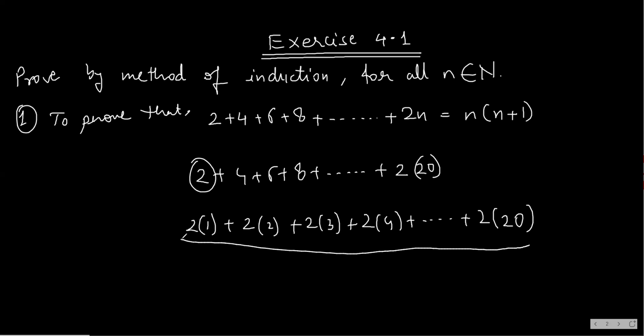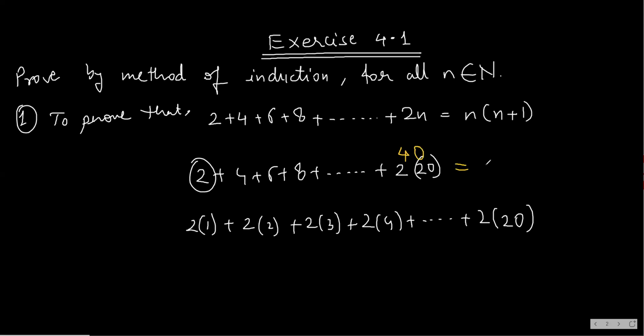So what is this? This is the sum of the first 20 even numbers. As such, the last term is 40, since 2 into 20 is 40. So if you are adding 2, 4, 6, 8, and so on till 40, what are you going to get? Just apply the formula.